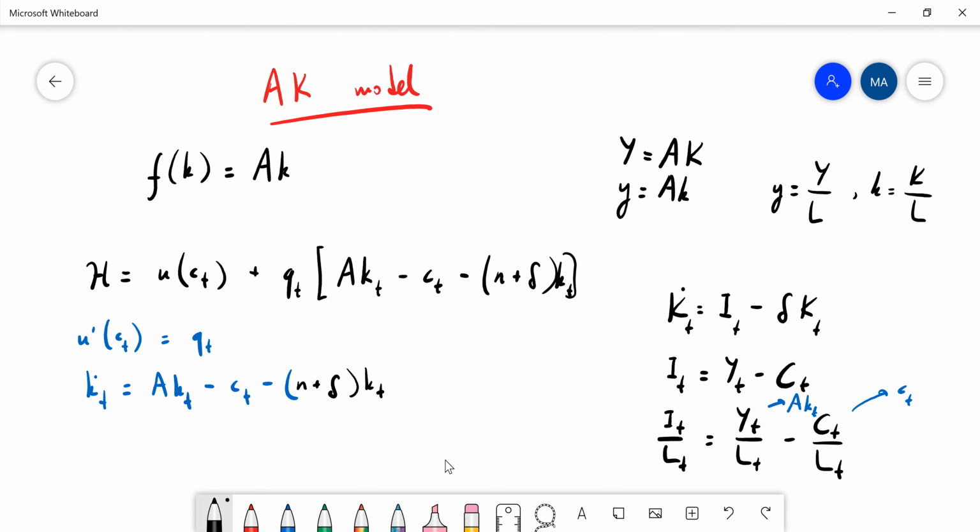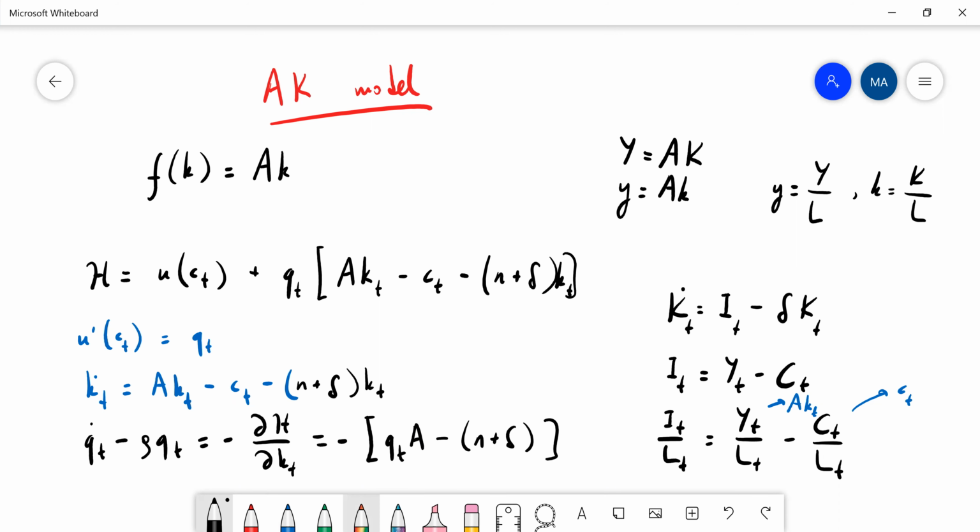Then you will have the co-state equation. The co-state equation is the negative partial derivative of the Hamiltonian with respect to capital stock. So what is that? Well, you have Q times A minus N plus delta, right?